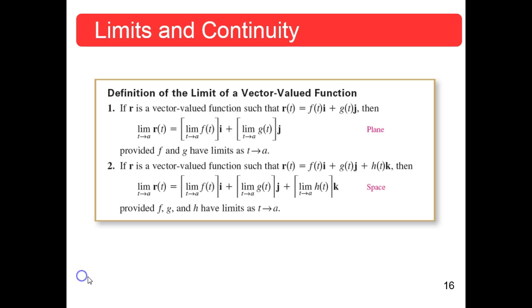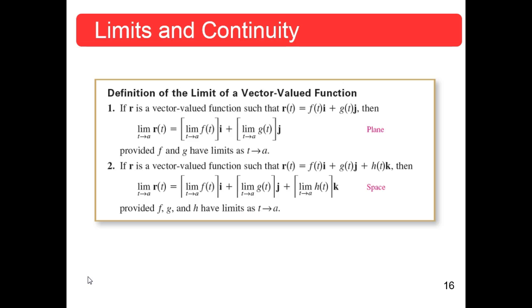So all right, here's our definition of continuity for vector valued functions. If you remember, continuity to me was not really one of my favorite definitions, but here's what it means. If bold r means a vector valued function, such that r of t is some f of t i plus g of t j. If it was 3 dimensional, this is in a plane, in space you'd have a k.